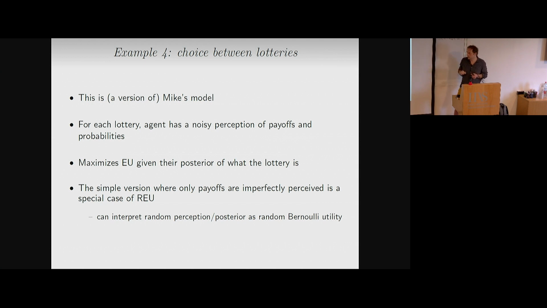That would actually give you a random expected utility model. This is what Rava, you were I think asking about. For each prize, I perceive it imperfectly, and I take an expected utility over these imperfect perceptions. That's like having a random utility of each prize.